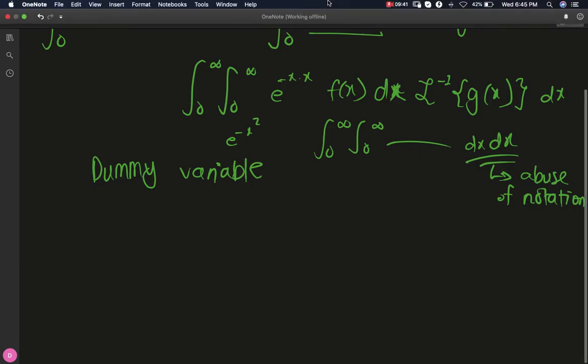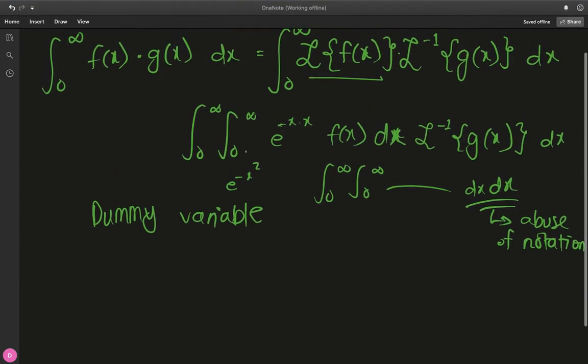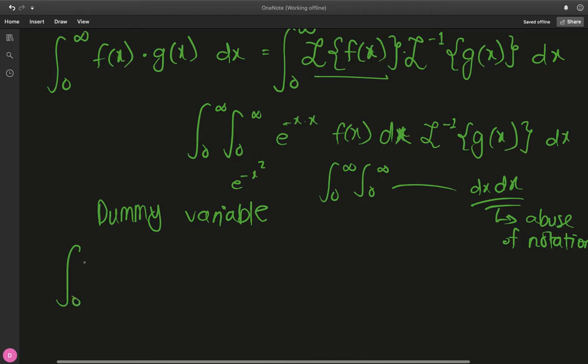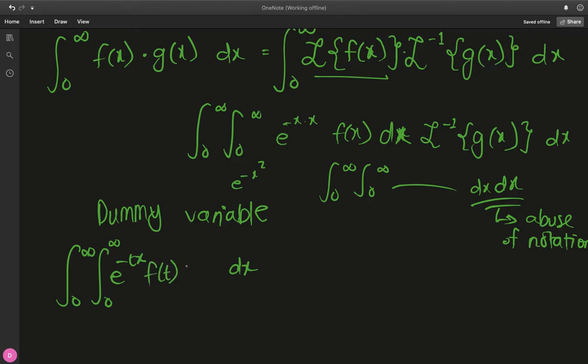So instead of writing this integral like this, what I would like to do is first write the outer integral from 0 to infinity of dx, and inside we'll have the integral from 0 to infinity naturally of e raised to minus t times x times f of t times the inverse Laplace transform of g of x.